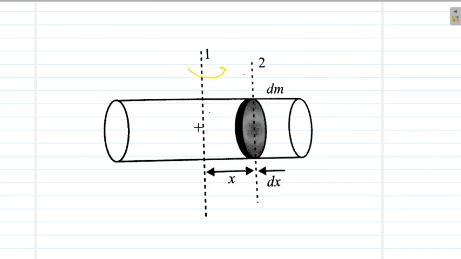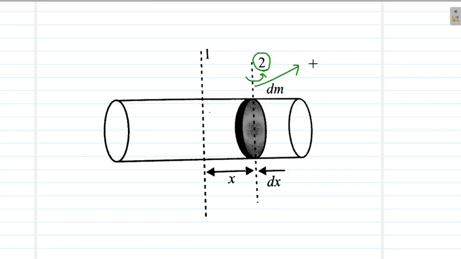This axis is at a distance from this disc, and you cannot directly say the moment of inertia. But the parallel axis theorem can be used in this case because we already know the moment of inertia of a disc when it is rotating about an axis passing through its diameter. That is indicated by axis number 2.